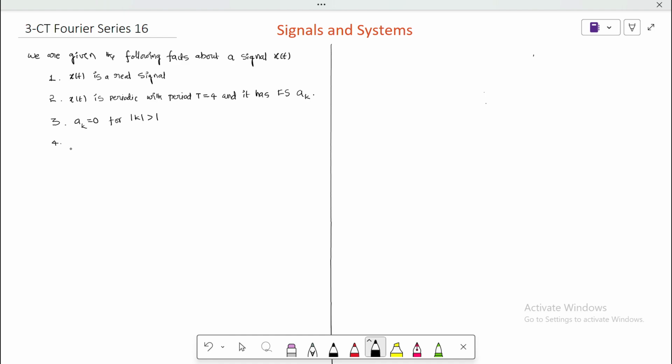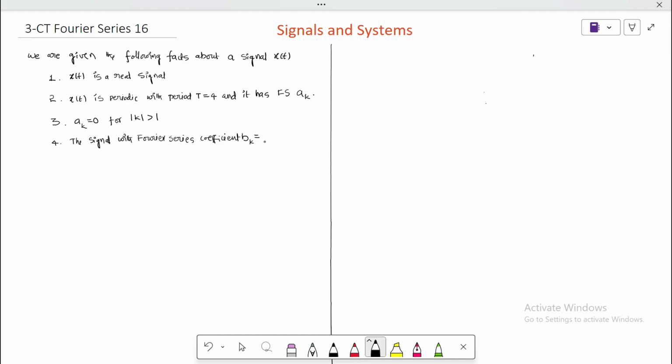The fourth fact: the signal with Fourier series coefficients b_k, this is another signal.